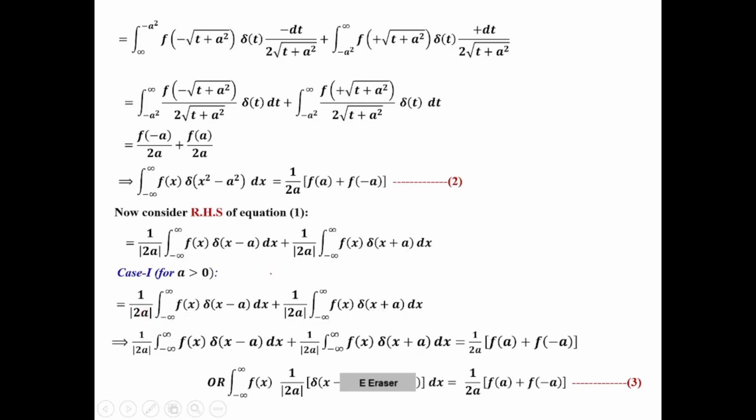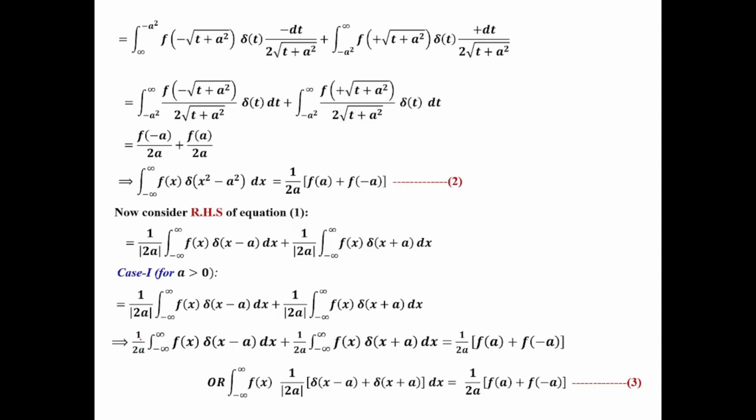Okay. Now 1 by 2a mod, minus infinity to plus infinity. See, if this is positive, so it will be 1 by a, 1 by 2a. So no need to write mod. I have to correct it. Wait.